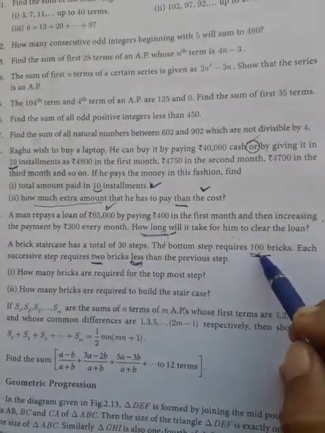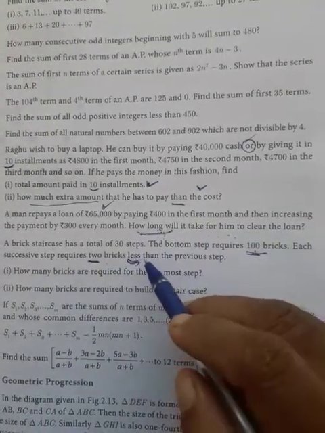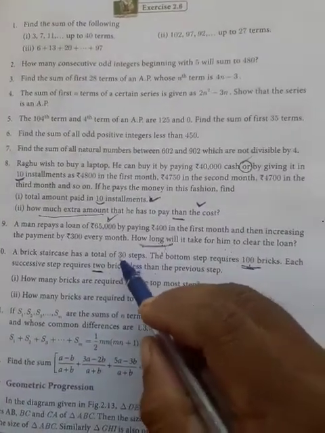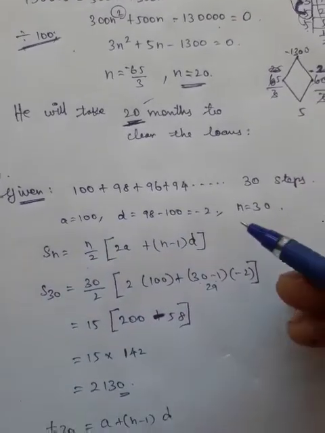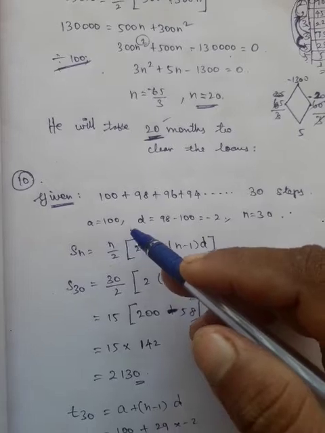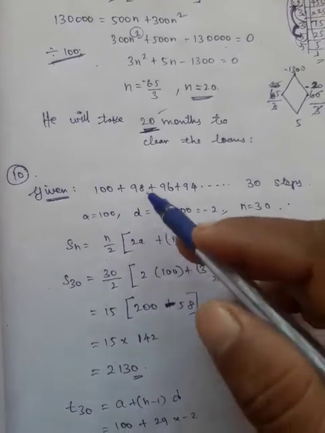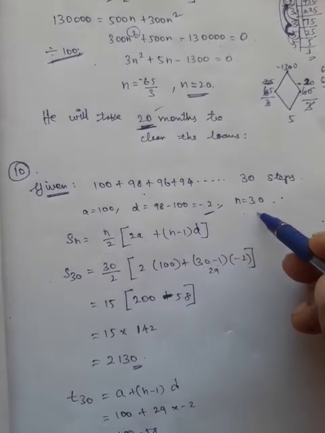So 100 is the first number, 2 less is 98, then 96, etc., in total 30 steps. So a equals 100, d equals 98 minus 100 equals minus 2, and n equals 30 steps.